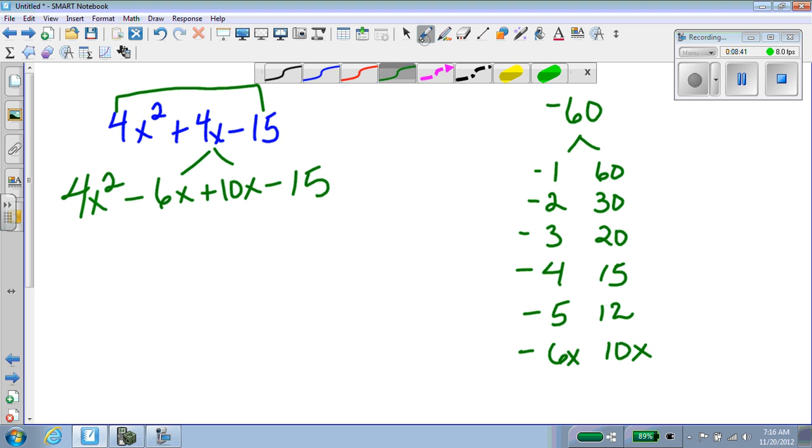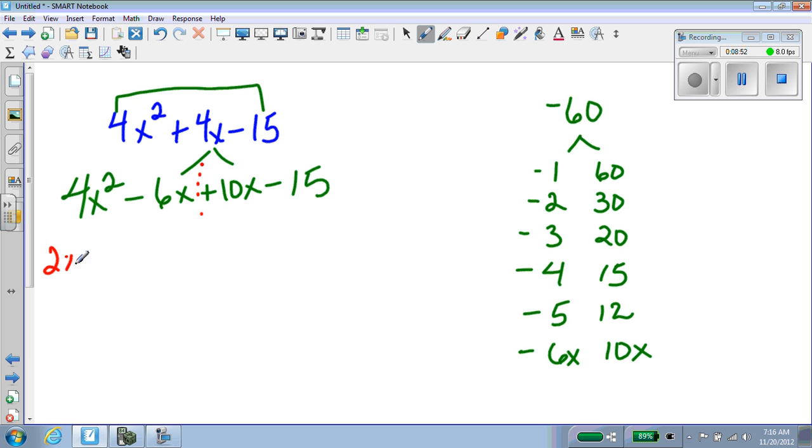Now what I've created is 4 terms, which I'm going to factor by grouping. So 4x squared and 6x have 2x in common, leaving 2x minus 3. 10x and 15 have 5 in common, leaving 2x minus 3.